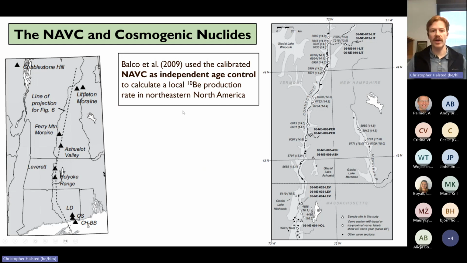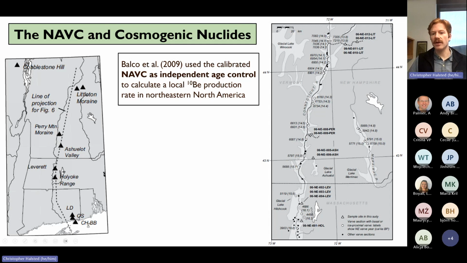So this was done by Greg Balco with help, of course, from Jack Ridge. And basically what he did was went to some of these sites in the northeastern US. So here's our map again of the region. All the places in triangles are places that he took cosmogenic exposure ages or cosmogenic measurements.